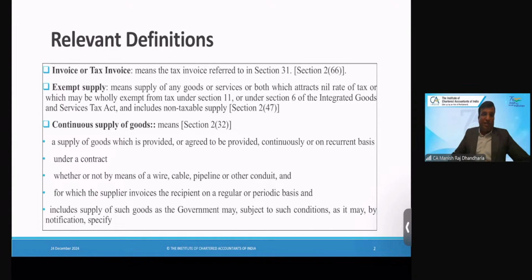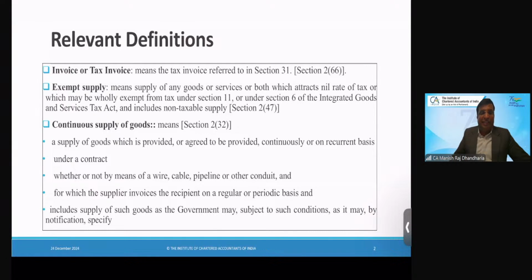So let us read once the definition of continuous supply of goods. A supply of goods which is provided or agreed to be provided continuously or on a recurrent basis under a contract, whether or not by means of a wire, cable, pipeline, or other conduit. This line says it is not necessary that it has to be supplied by way of wire, cable, pipeline, or other conduit.